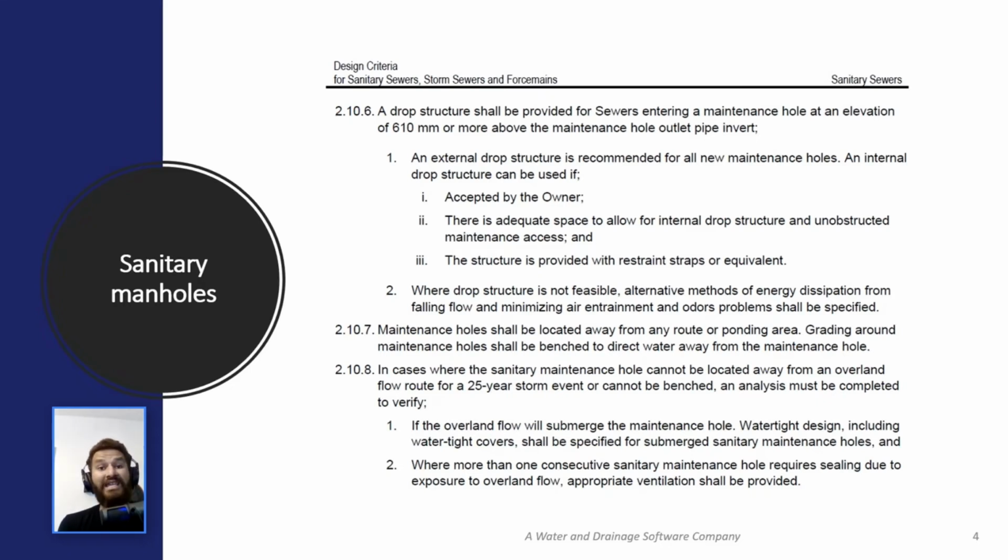2.10.8, it says, in cases where the sanitary manholes cannot be located away from an overland flow route for a 25-year storm event or cannot be benched, an analysis must be completed to verify, number one, if the overland flow will submerge the maintenance holes, and number two, where more than one consecutive sanitary manhole requires sealing due to exposure to overland flow, appropriate ventilation shall be provided.